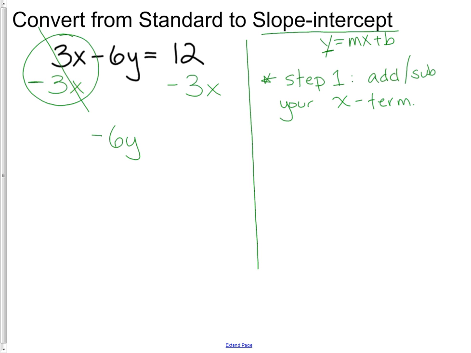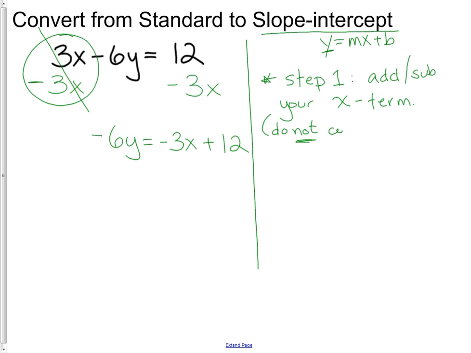Leaves us with negative 6y. Now, please, please, please do not combine unlike terms. Negative 3x and 12 are not like terms. We cannot combine them into 9x. We simply have a negative 3x and a positive 12 now on the right. So that's step 1. Add or subtract your x terms.